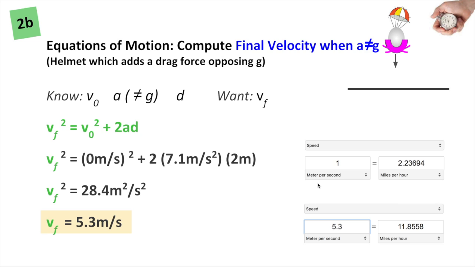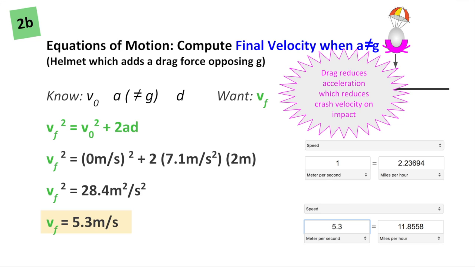And again, for comparison, if 1 meter per second is 2.2 miles per hour, then 5.3 meters per second is 11.8 miles per hour. So remember before, when the egg was hitting the ground and starting the crash phase, it was somewhere around 14 miles per hour. But now it's down to 11.8 because I've introduced drag into its protective device. So clearly, drag reduces acceleration, which reduces the crash velocity on impact. That's good news for us.